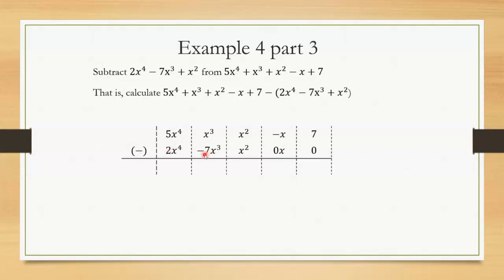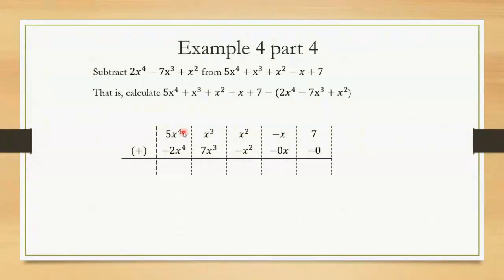Minus 7x cubed, but when you put another negative there, two negatives, you get plus 7x cubed. X squared, you negate it, negative x squared. I mean, these you really could leave alone, but I negate them out of habit in a problem like this.